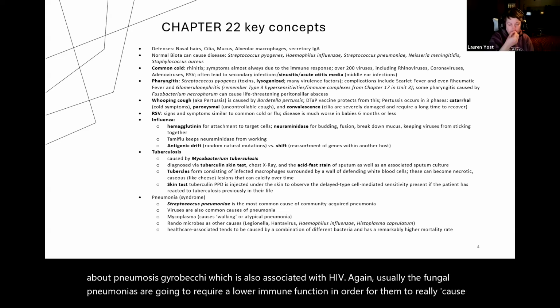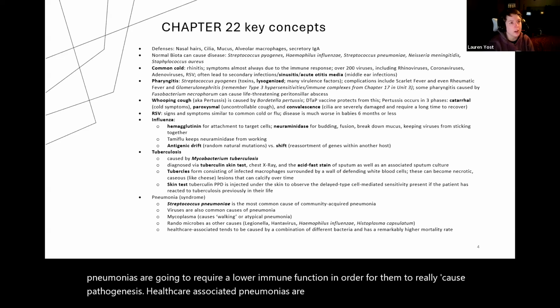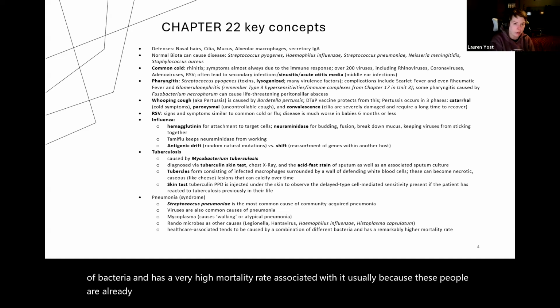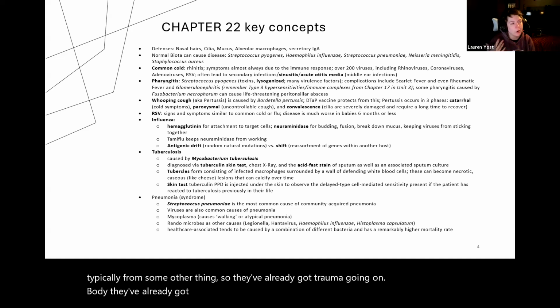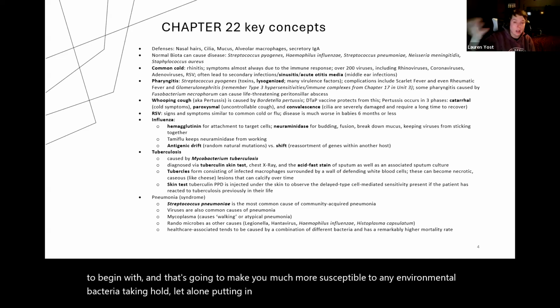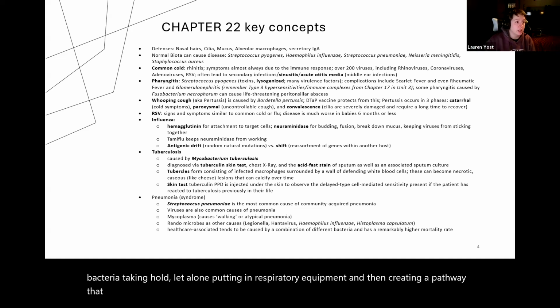Healthcare-associated pneumonias are usually a combination of different kinds of bacteria and have a very high mortality rate, usually because these people are already hospitalized, typically for some other reason. So they've already got trauma going on in their body. They've already got inflammatory reactions going on from whatever put them there to begin with. That makes you much more susceptible to any environmental bacteria taking hold, let alone putting in respiratory equipment and creating a pathway that isn't protected from things like IgA, lysozyme, and your ciliated epithelium, because we're removing that, since now we're just relying on the tube.